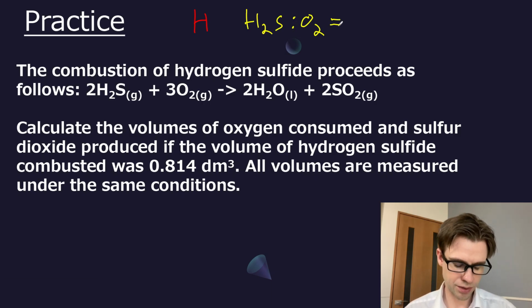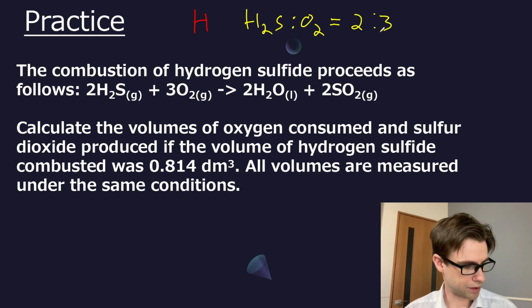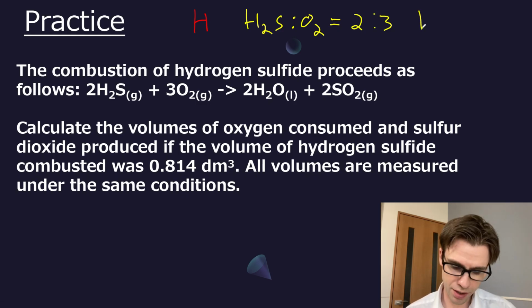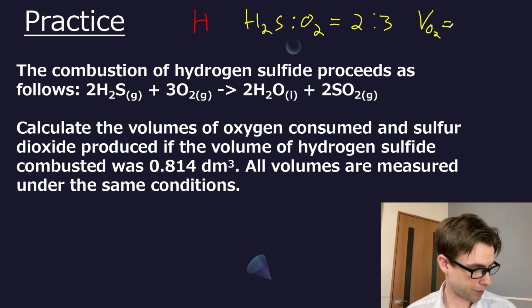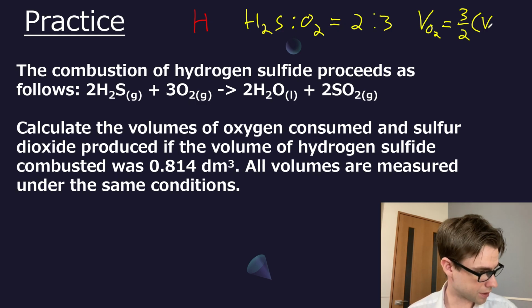What is that equal to? We can look at the balanced chemical equation here. It's going to be equal to 2 to 3. And according to Avogadro's law, that means the volume of O2 will be equal to 3 over 2 times the volume of H2S.